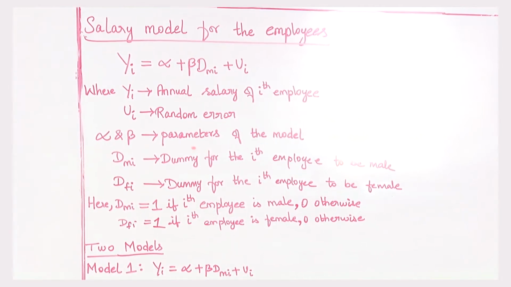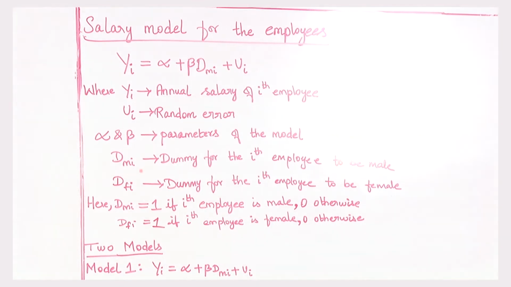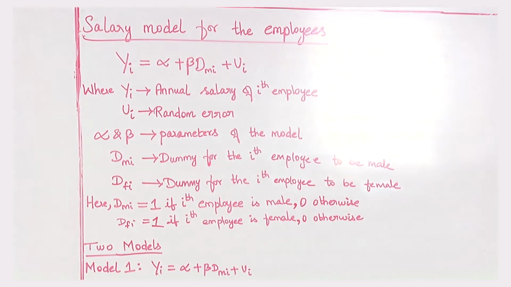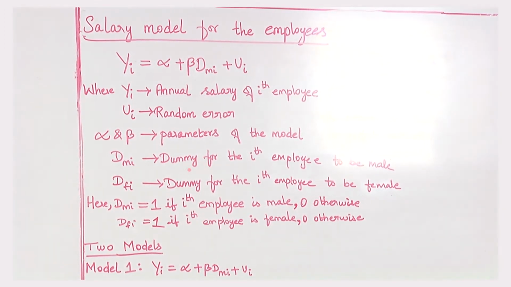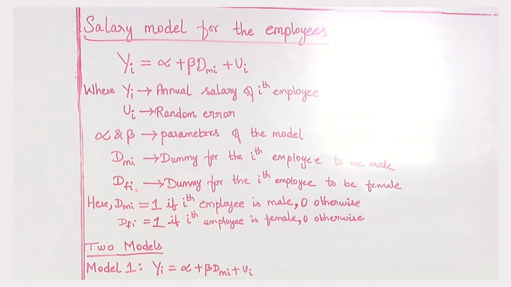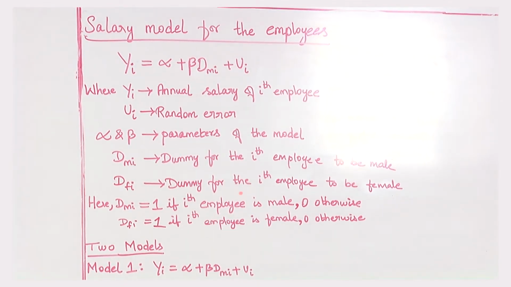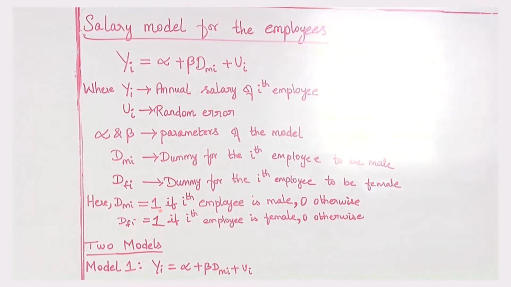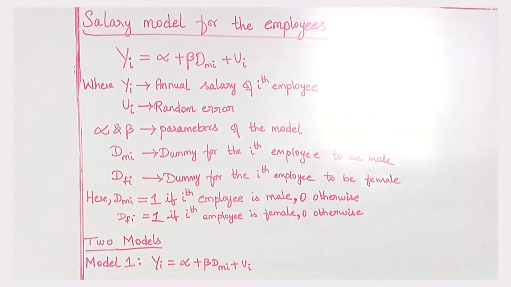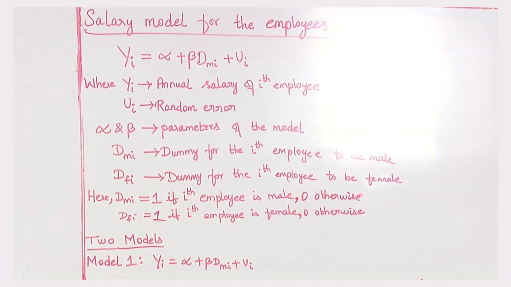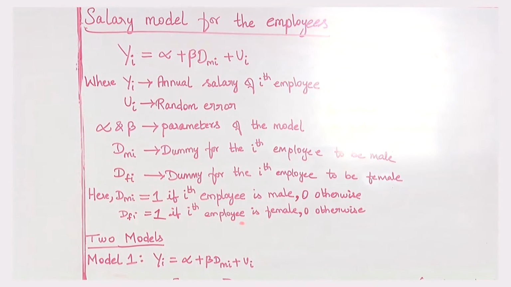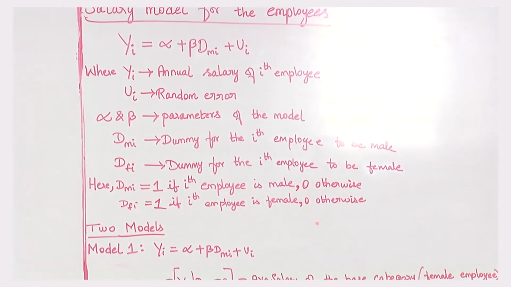Alpha and beta are parameters of the model, DMi is the dummy variable for male employees. So, DFi is the dummy for ith employee to be female. Here DMi is equal to 1 if ith employee is male or 0 otherwise. DFi is equal to 1 if ith employee is female and 0 otherwise.